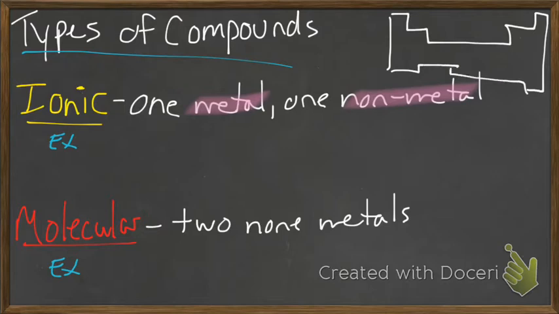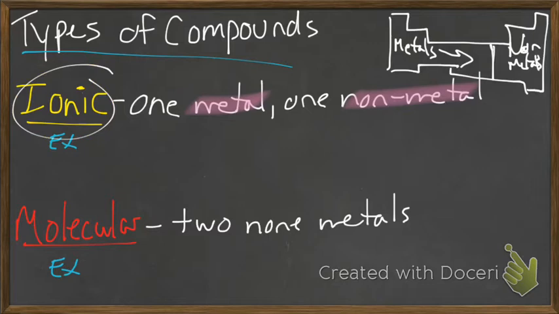Generally speaking, our metals are over here, and our nonmetals are here, and metals actually kind of continue up to that point. So for an ionic compound, you have to have one from this side and one from this side kind of bonding together. For a molecular compound, it's actually made up of two nonmetals. So molecular, in fact, let me do this one in yellow.